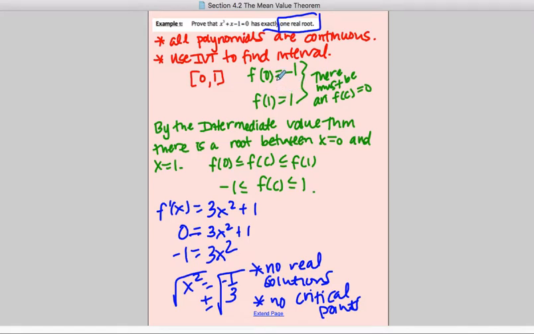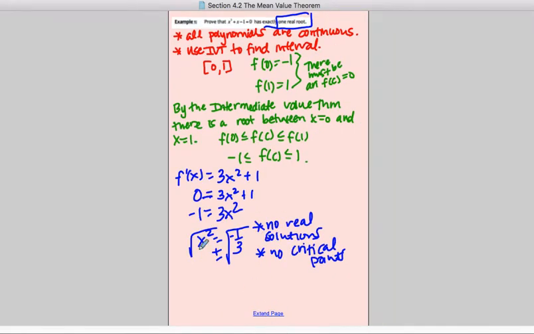Okay, so then what we can conclude by the intermediate value theorem, there is an f of c equal to 0 between 0 and 1.